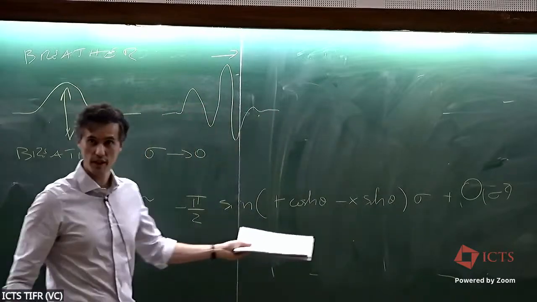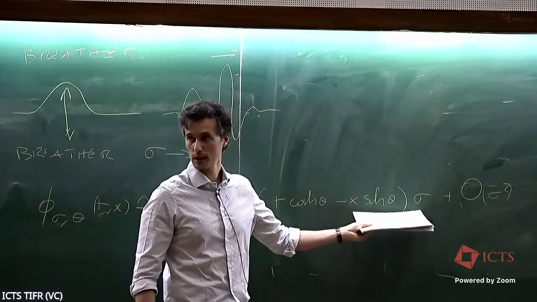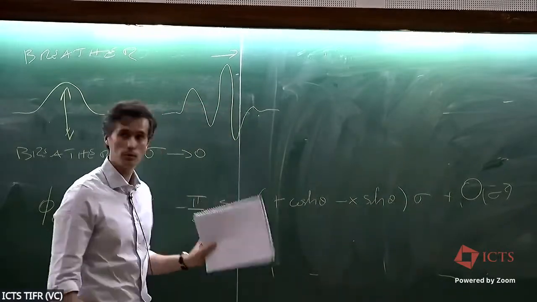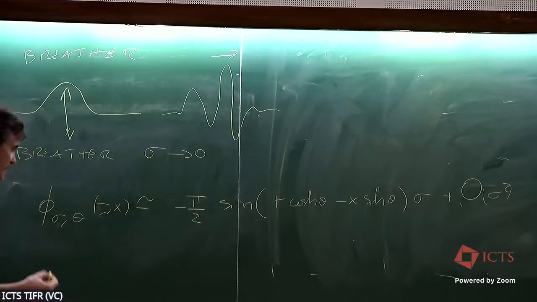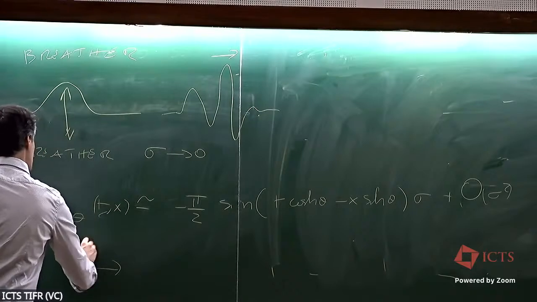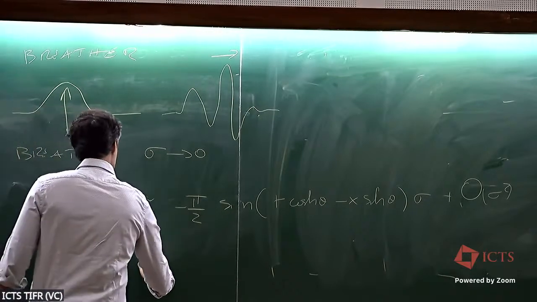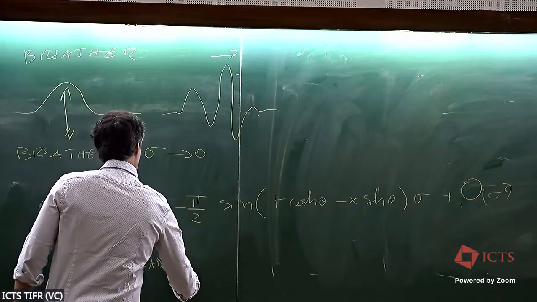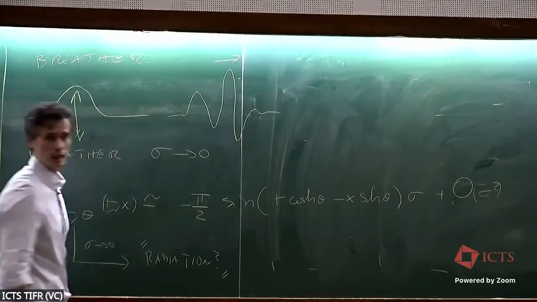What you find here is a plane wave of an amplitude given by sigma, with some normalization in front of that. Okay? So there is already a hint. If you take a breather and go to the sigma to zero limit, in a certain sense, you expect to recover radiation.